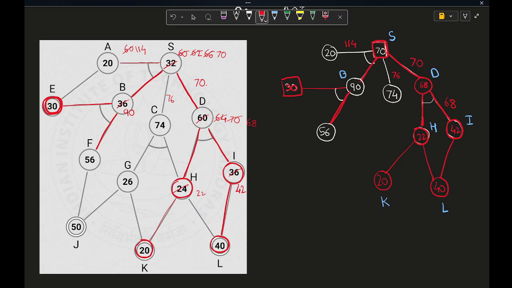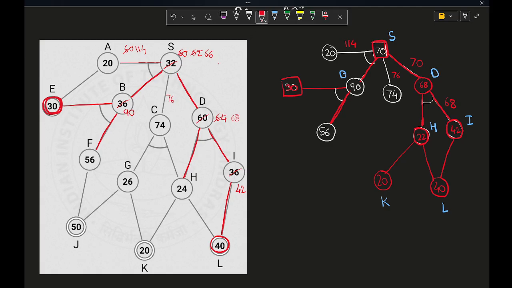Wait, is H solved? What happened? So this is 42. So 42 plus 24 is 66. So this should become 68, right? So why did I write 70 there? This is 68.